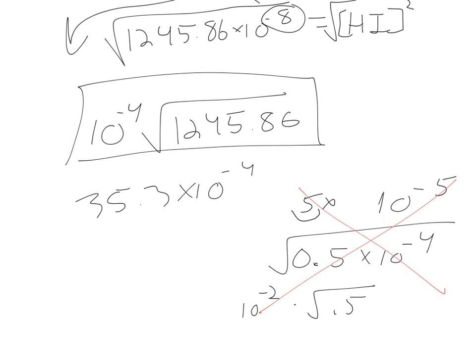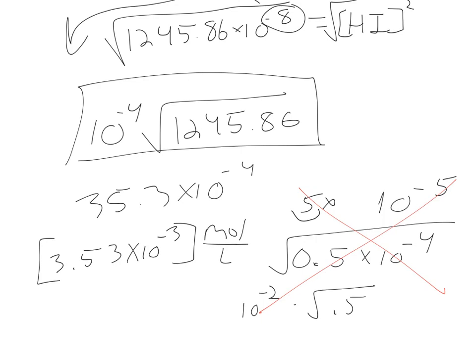I just have to make it scientific notation, which is 3.53 times 10 to the minus 3. Okay, that is the concentration of my HI, so this should be in moles per liter.